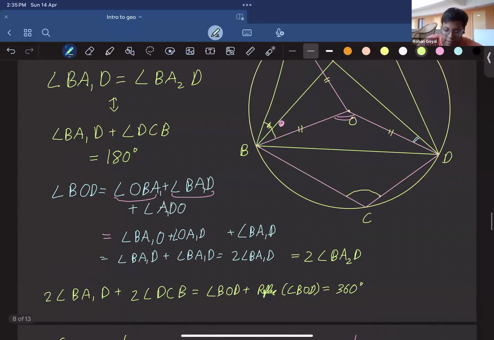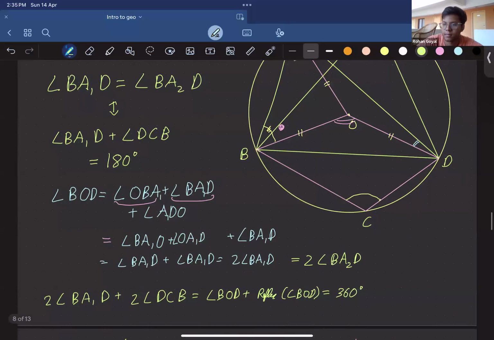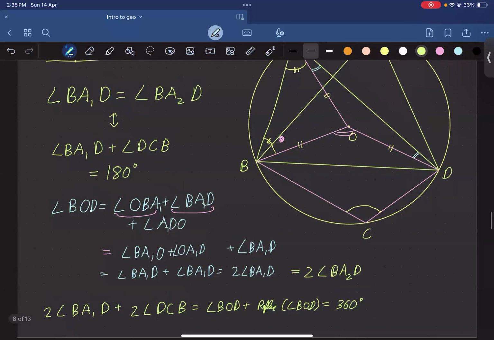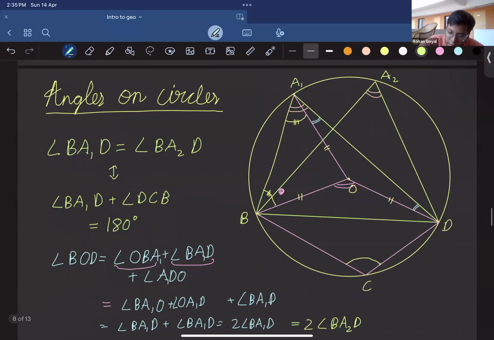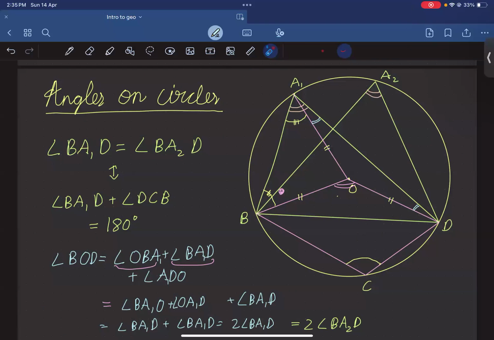So angle BA1D plus angle DCB must be 180. Does that make sense? Wait, I didn't follow the last line you wrote. So BA1D is half of this angle, and DCB is half of this angle, the same type of argument. Their sum is half of this angle, and this angle is 360 degrees. Got it.